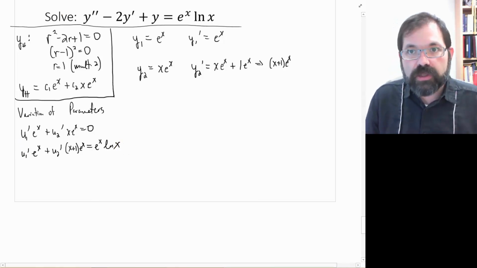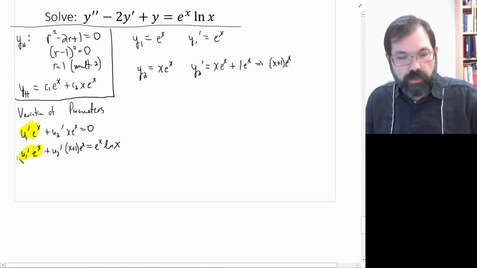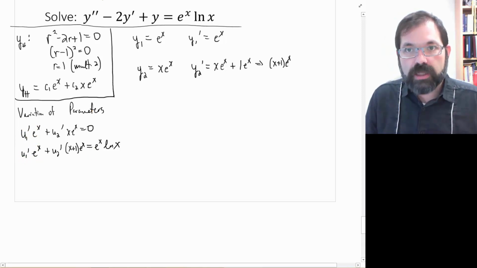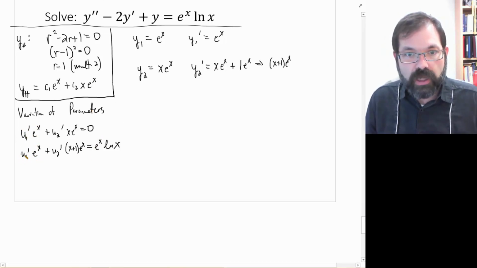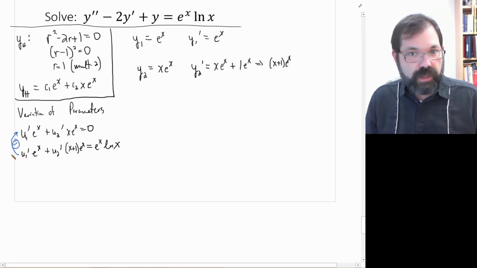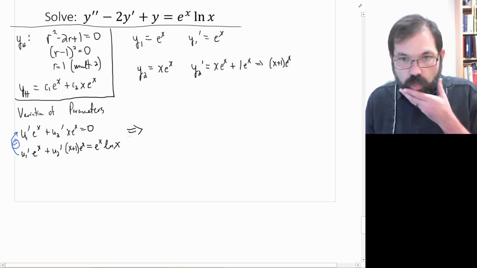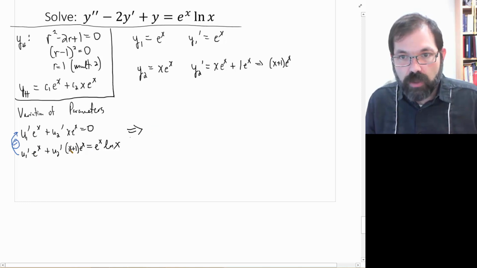So here's what I notice. Look at these terms. I've got a u1 prime e to the x, and I've got a u1 prime e to the x. So I've got it in both equations. So what I'm going to do is subtract the equation. I'm going to take my first equation and subtract the second equation. So then, equivalently, those terms go to 0.